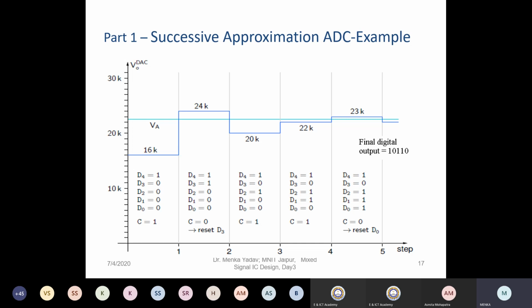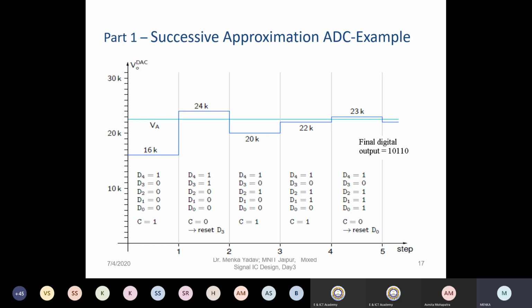Since we are using registers, there are 32 registers, since this is 5 bit, right? 2 raised to 5 is equivalent to 32. So this is 1 and all zeros. The total number of registers is 32k, so 16k corresponds to V reference by 2. Correct? So definitely VA is greater than 16k or V reference by 2.